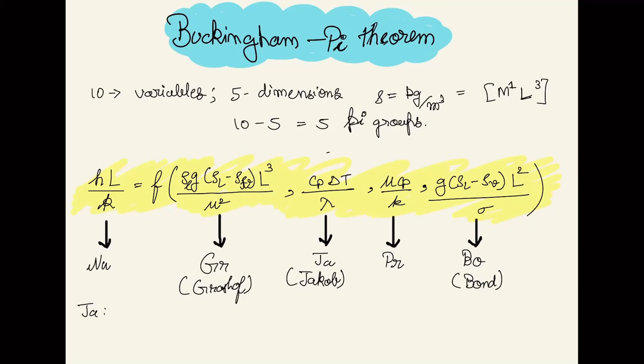So the Jakob number essentially talks about the ratio of sensible heat absorbed to the latent heat.